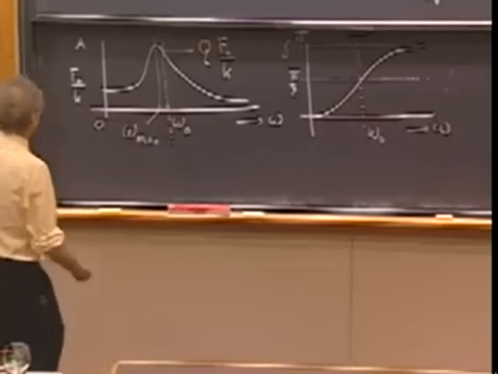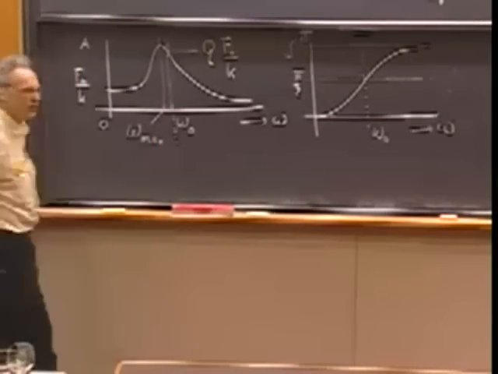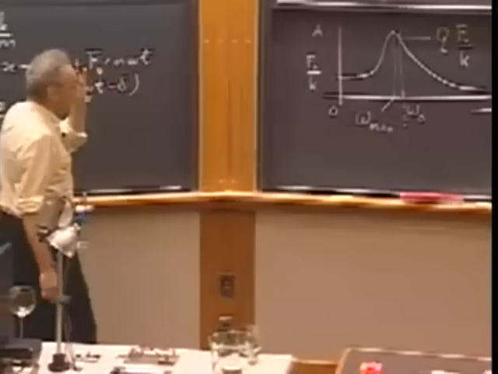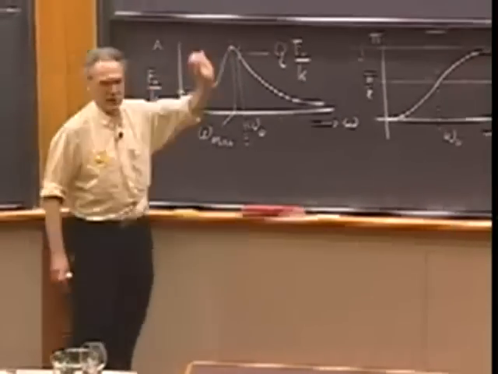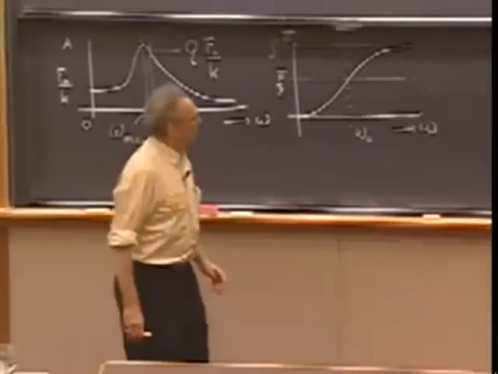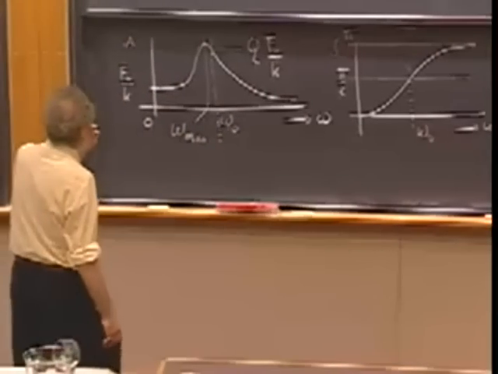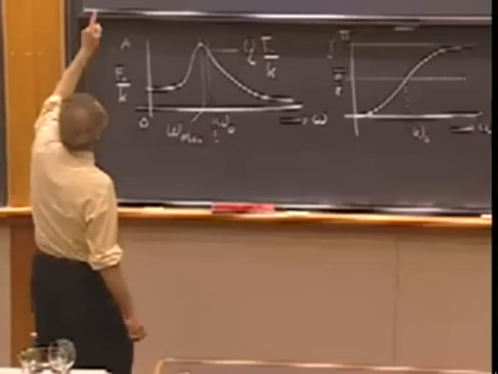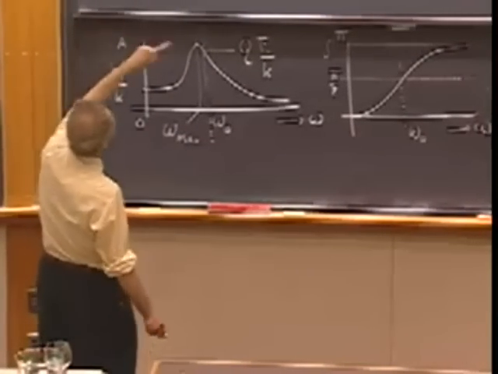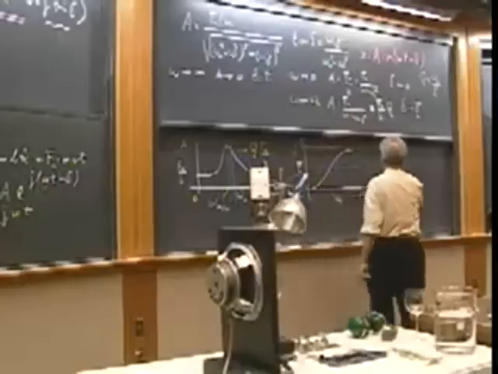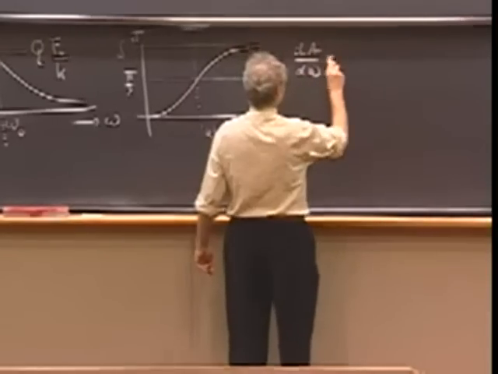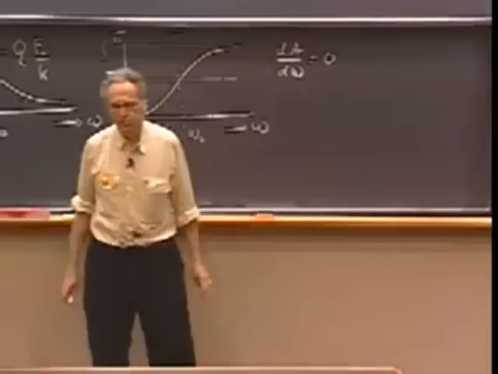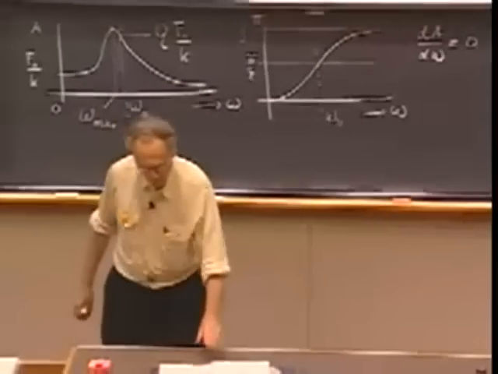Coming back to this mysterious maximum, it's not so mysterious actually. At what frequency do we have really the maximum amplitude? Well, to calculate that, you would have to take the derivative of that monstrous equation. You will have to take dA d omega, and you ask that to be 0. So that's when the maximum occurs.